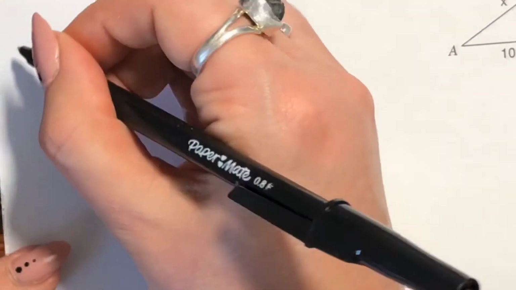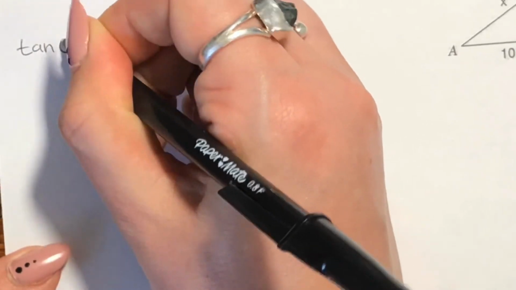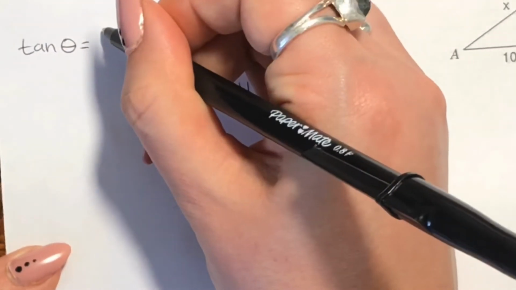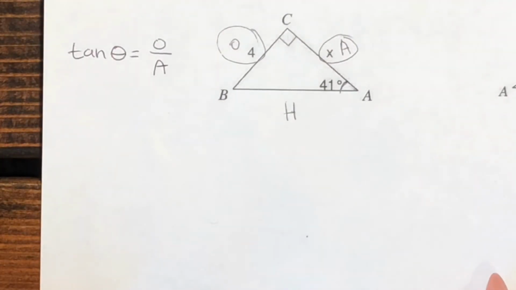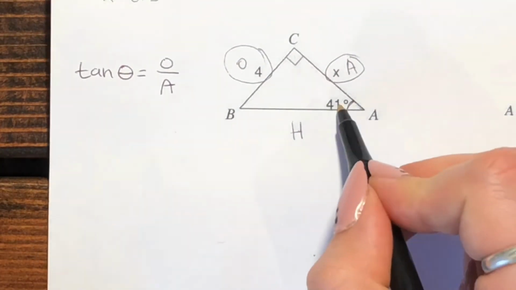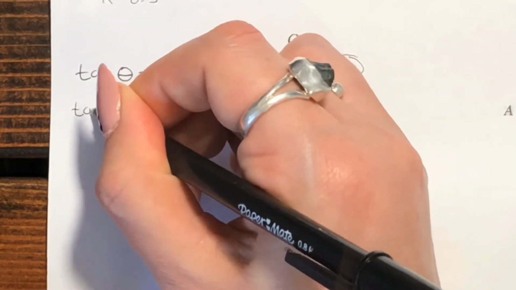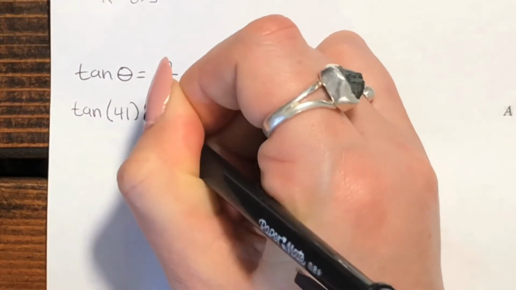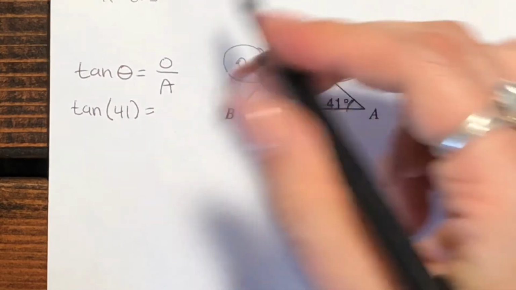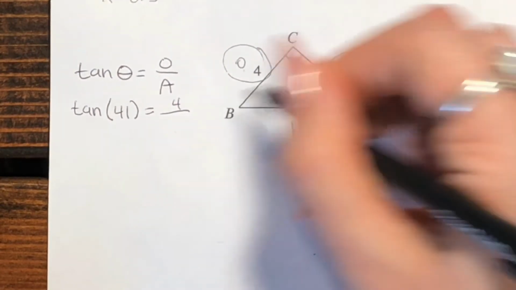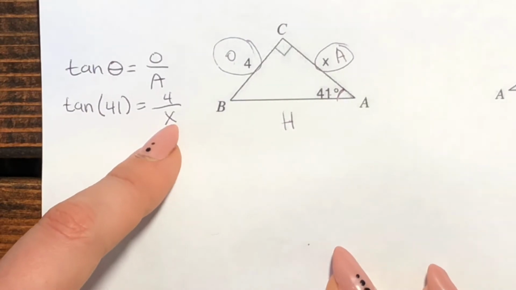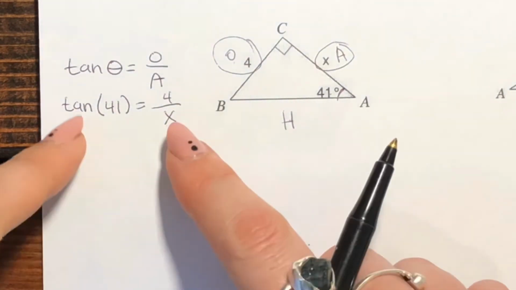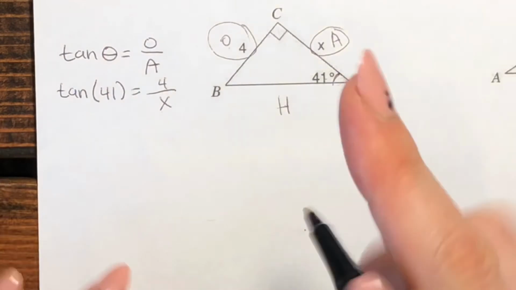So we're going to set up this formula, tangent of the angle, theta, equals the opposite side over the adjacent side. So then filling in our info, 41 is our angle, so we'll get tangent of 41 degrees equals the opposite side 4 over the adjacent side x. And this time x is in the denominator, the bottom of the fraction. So again, our little trick is we're just going to switch their spots.